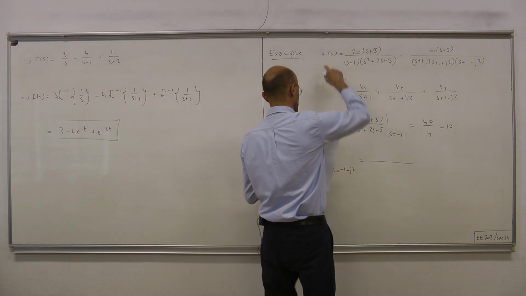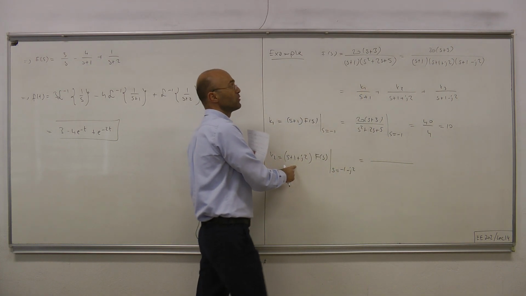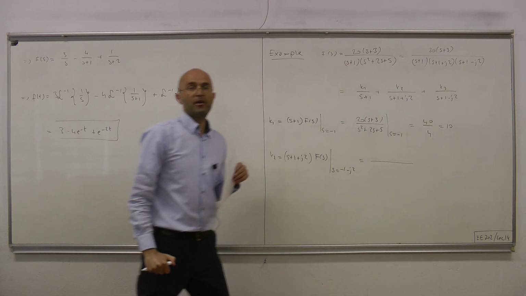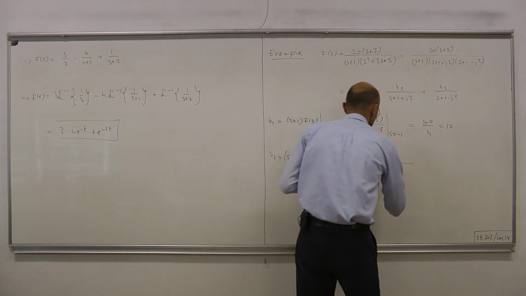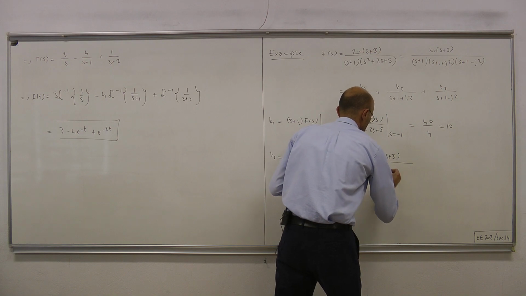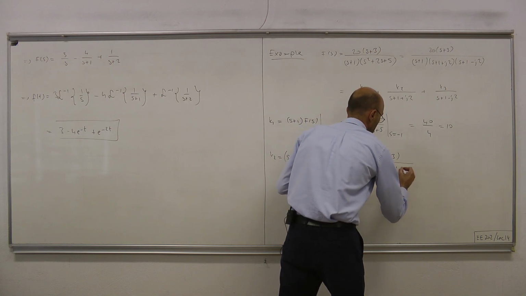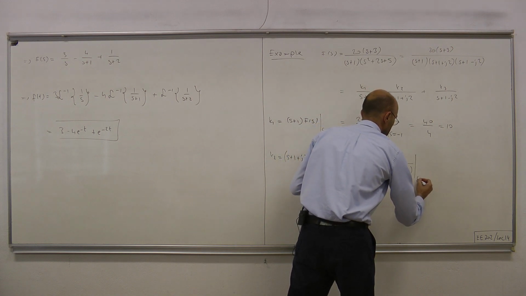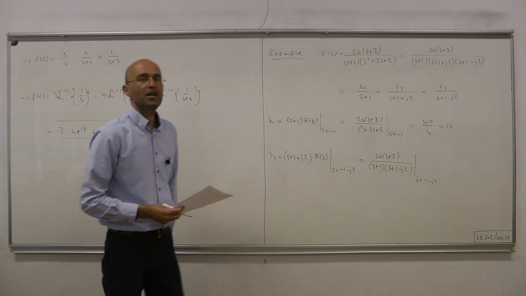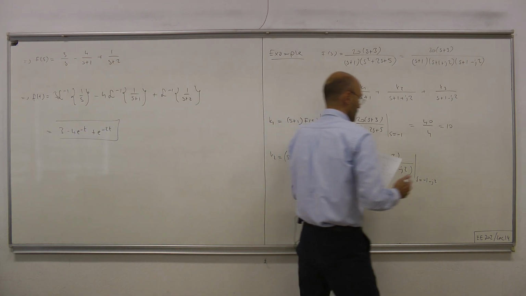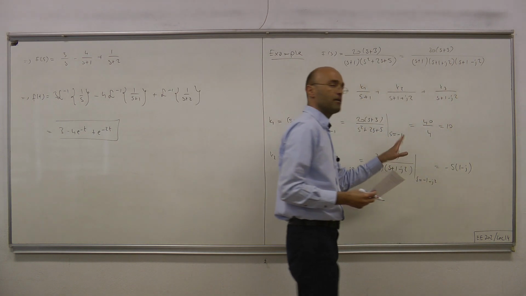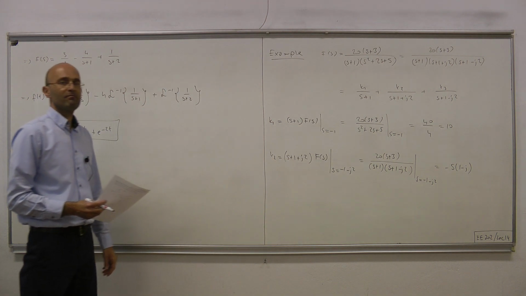If you multiply F of s with s plus 1 plus j2, this term will cancel the same term in the denominator, and what remains is (20s plus 3) over (s plus 1) times (s plus 1 minus j2), and then you evaluate this at minus 1 minus j2, and that yields minus 5 times (1 minus j) after some simplification.